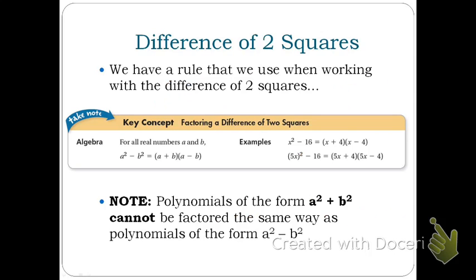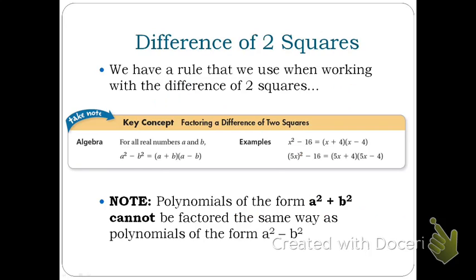So we have a rule when working with the difference of two squares: for all real numbers a and b, where a and b represent either numbers or variables, if a and b are squared and you subtract them, their factors will always be the multiplication of each variable with opposite signs, I guess is the best way to explain it. So a plus b times a minus b.